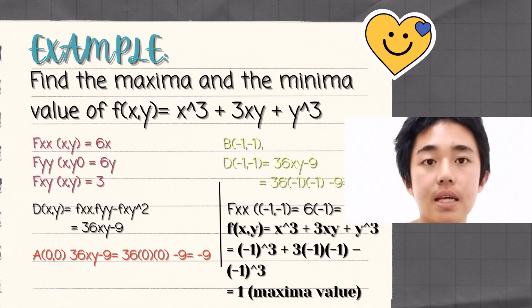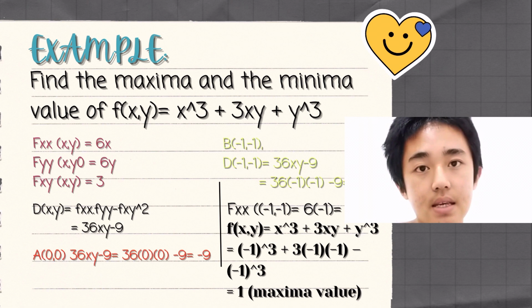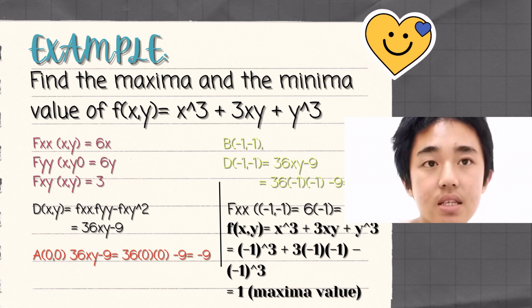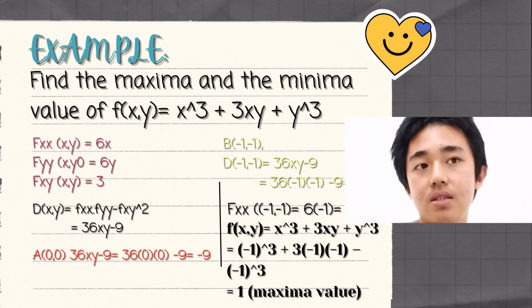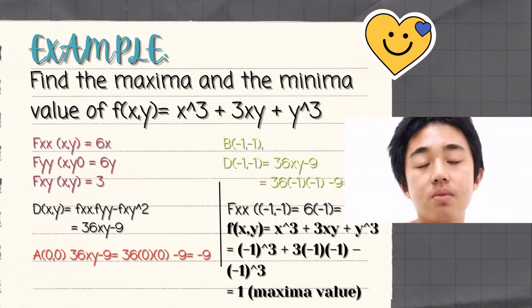It is bigger than 0. So we can move on to f_xx. The earlier f_xx is 6x, so we input x, that is 6 times negative 1 equals negative 6. Because it is smaller than 0, in the formula, if f_xx is smaller than 0, it means it is a maxima. And if it's bigger than 0, it means it is a minima.